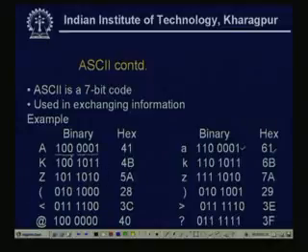As these are 7-bit ASCII, 2 to the power 7 means 128 characters and control characters together, a total of 128 can be represented by these 7-bit binary values.